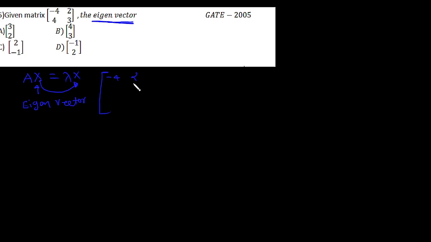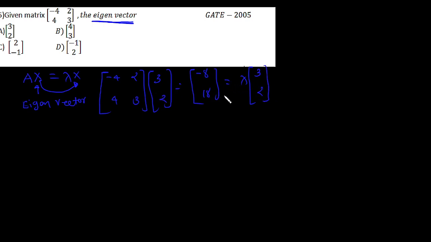minus 4, 2, 4, 3. Let's check first option A. Let's do the multiplication here. Minus 12 plus, okay, we get minus 8 here. 4 multiplied by 3, 12 plus 6, 18. So if you try to find the lambda such that, after taking lambda out, we get the same vector as it is, here 3 and 2.